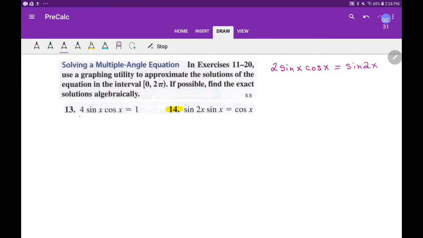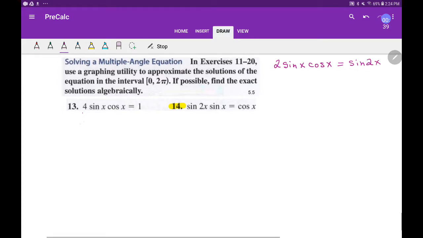Okay. So if that's true, then we could try to make this look like that by dividing both sides by 2. And we could say 2 sine x cosine x is equal to 1/2.